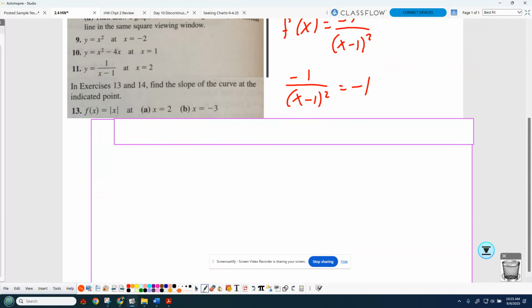There's different choices. What would we do? Multiply the x minus 1 squared to the other side, and then I'll divide both sides by -1. And then square root both sides. So this plus or minus 1. And then add 1 to both sides.